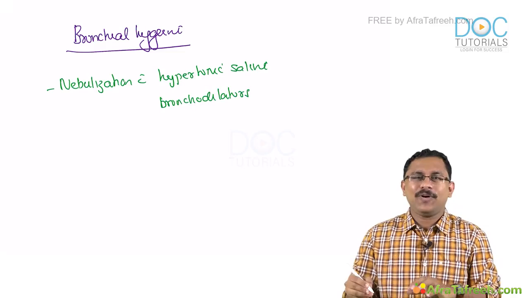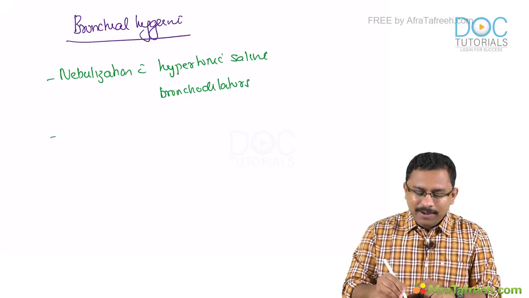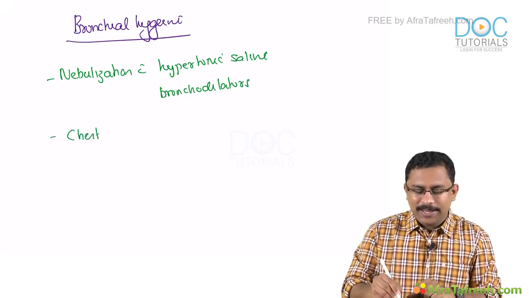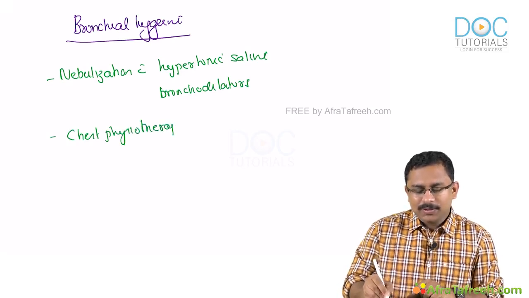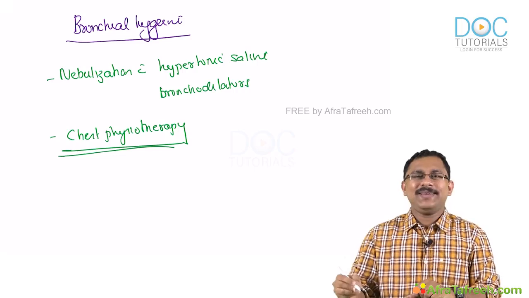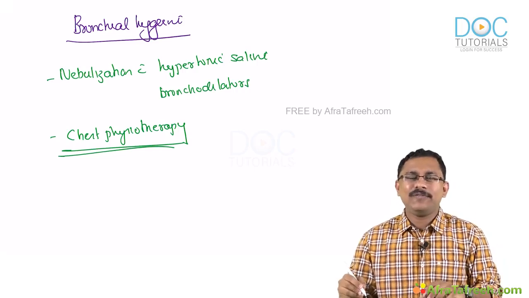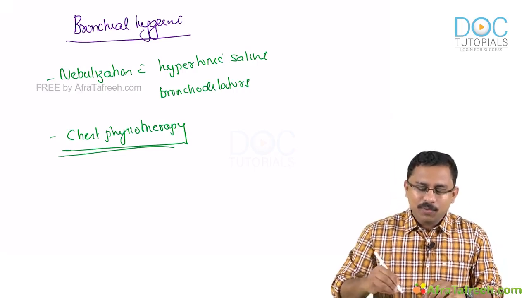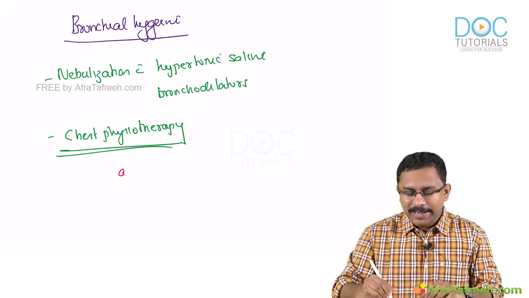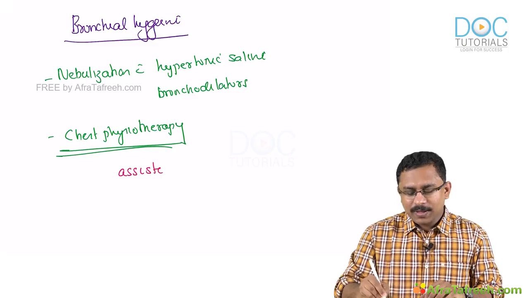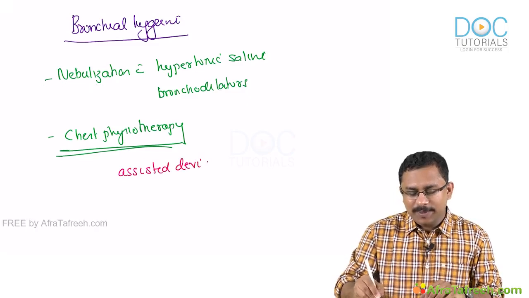So you can go for nebulizations. You can go for chest physiotherapy as well. So when you go for chest physiotherapy, it can either be a manual physiotherapy, or more commonly now in facility, if it is available, you can go for assisted devices which will help you for the chest physiotherapy.